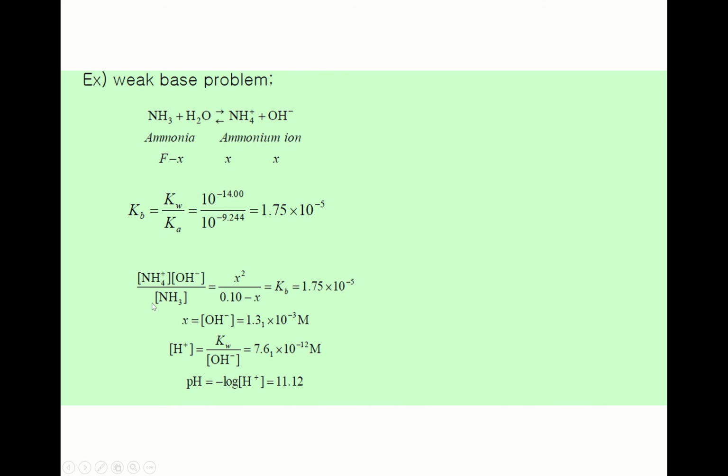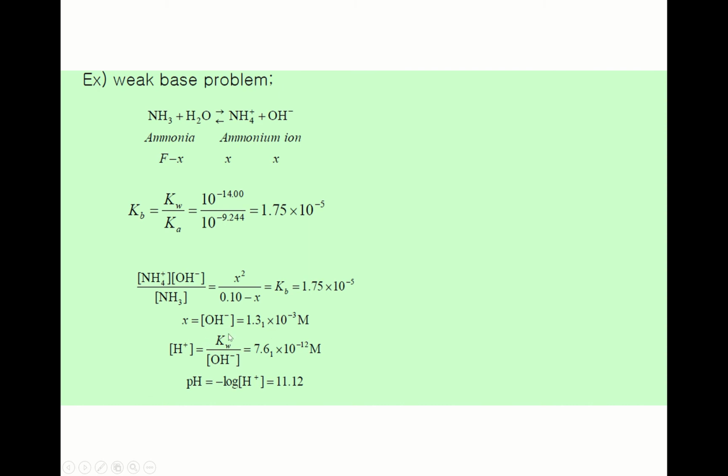When ammonia is in water, it undergoes this equation. The initial formal concentration of ammonia is 0.1 molar, and we set this equation and solve for hydroxide ion concentration.